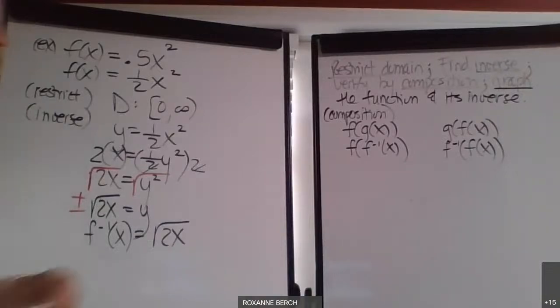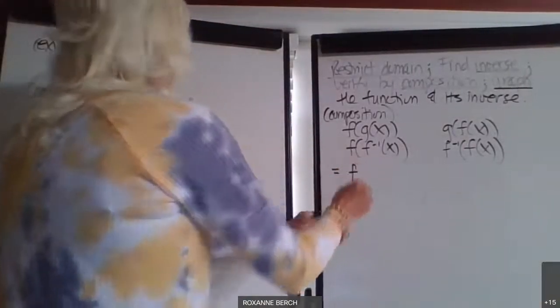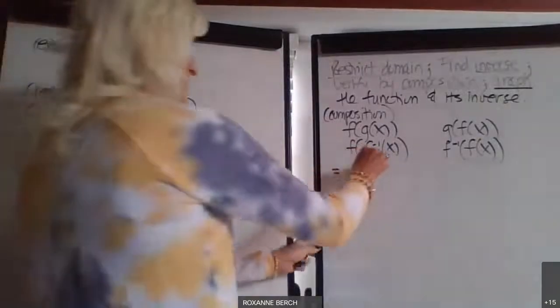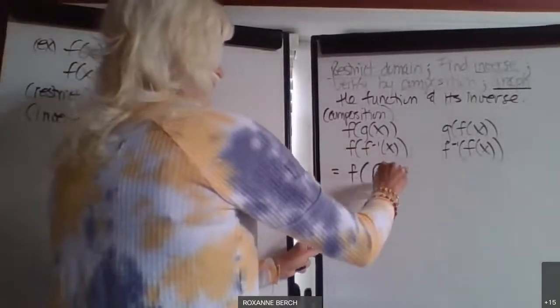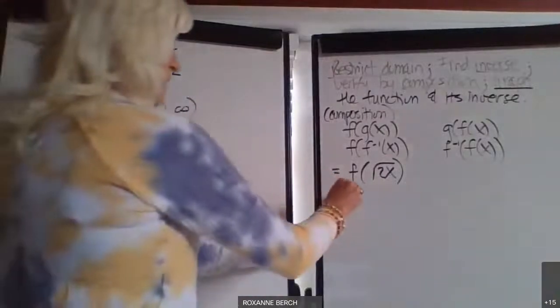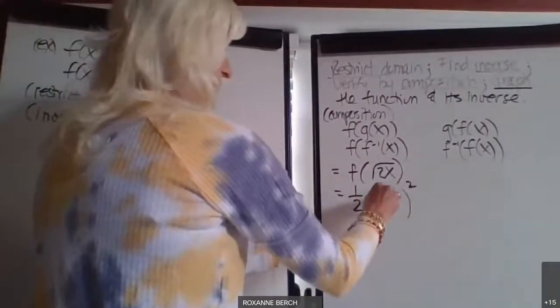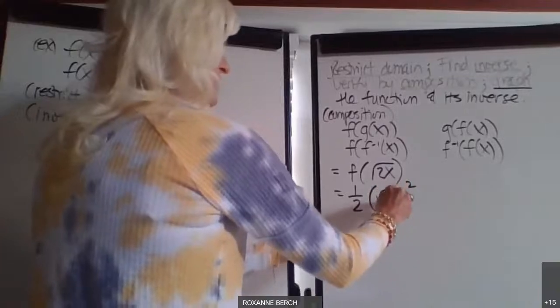So I'm going to do what I did before. I'm going to carry down the f function, and I'm going to put in the inverse. That becomes the x of the f function. And the f function is 1/2 times something squared, and the something is square root of 2x.